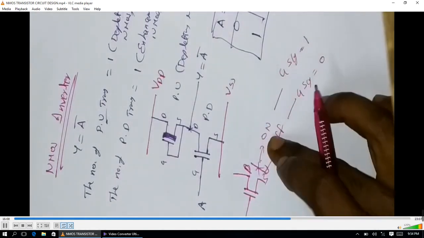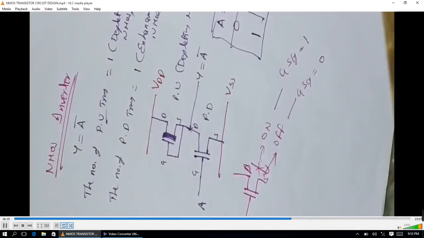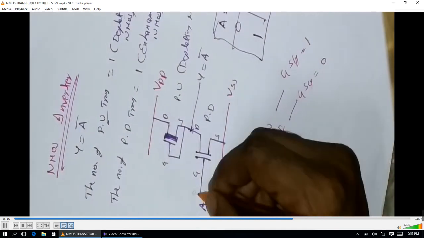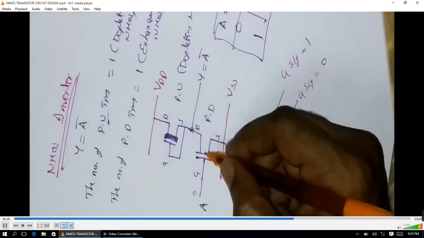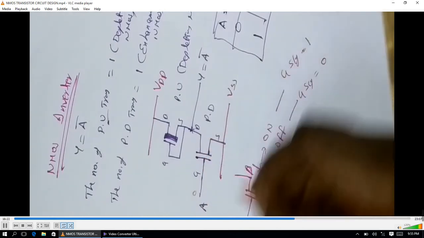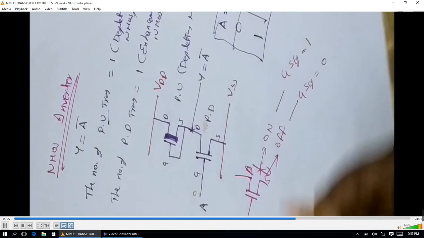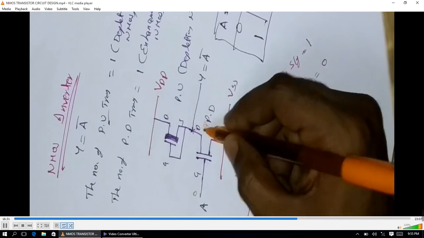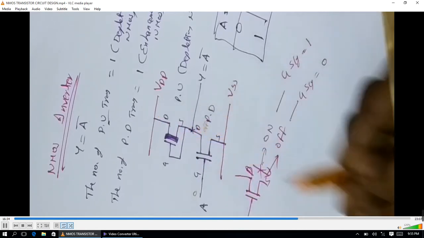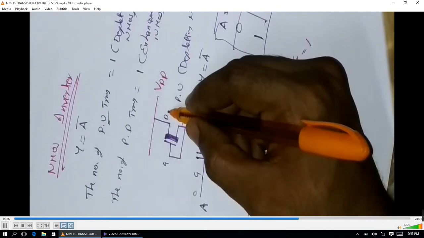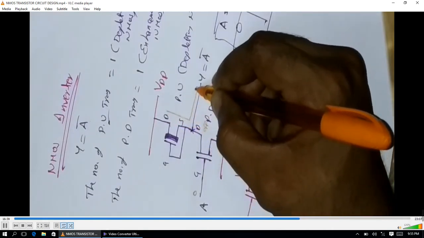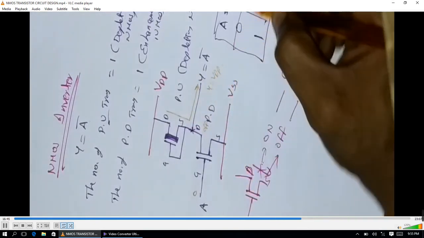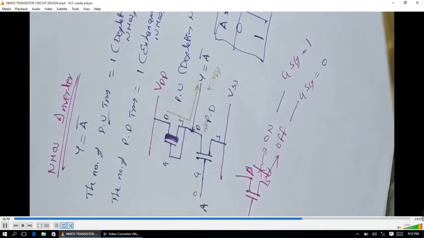Based on this property, we can observe the operation of an inverter. Now give input equal to 0. The pull-down transistor should be in the off state. If it is off, there is no current between drain and source, and it acts as an open switch. Then there is no current path between VDD and VSS, so VDD is passed towards the output, that is Y equals VDD, logic 1, when the input is 0.